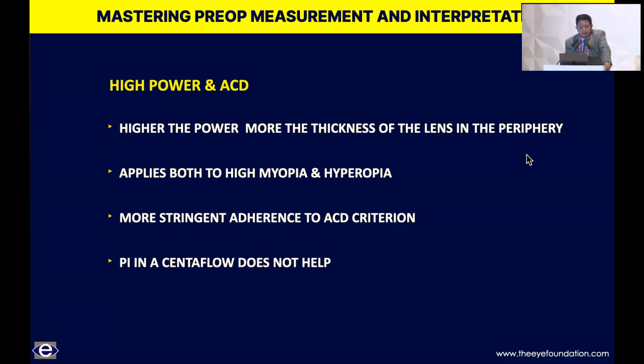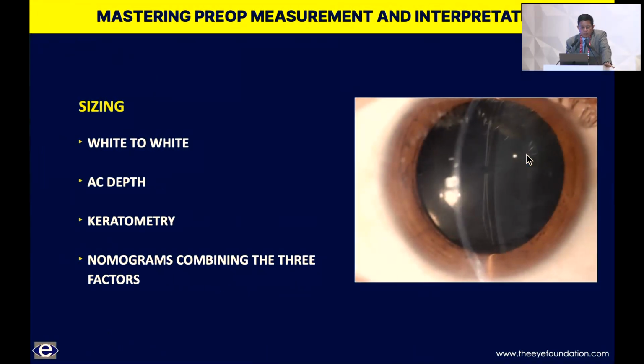But these are the eyes where you have to strictly adhere to the criteria. Having a center flow or a PI is not going to help you as far as bending the rules is concerned, because there is a crowding of the anterior chamber and crowding of the angles which you are bothered about.